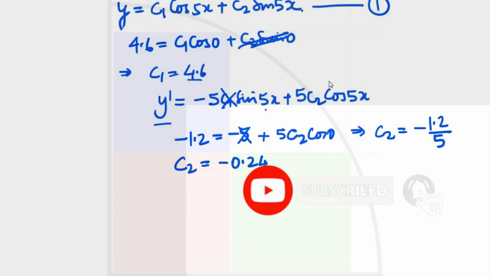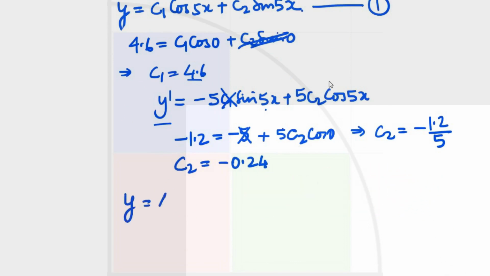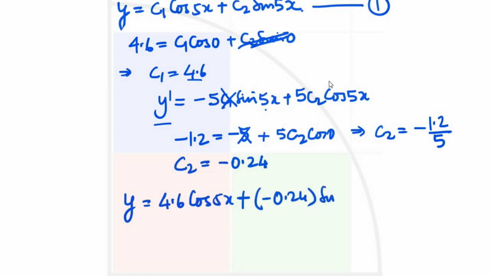Therefore our required answer will be y is equal to 4.6 cos 5x, and since this is minus, we can directly write it with a minus instead of writing plus minus. Or you can write plus, and in the bracket minus 0.24, and then sin 5x.